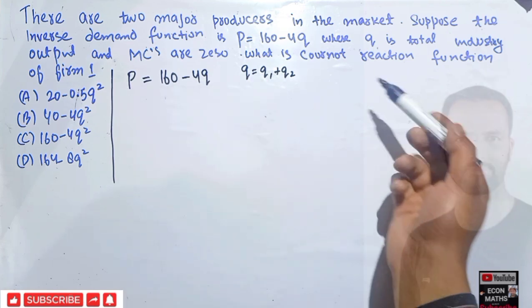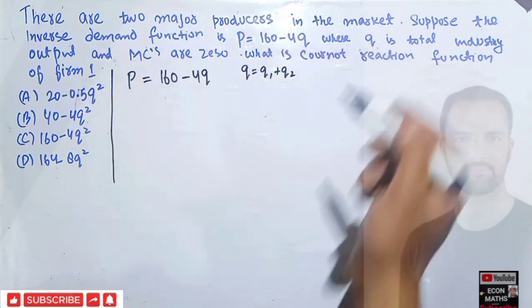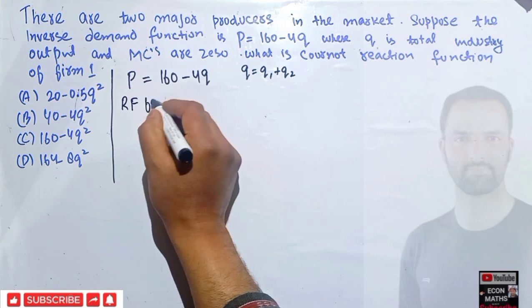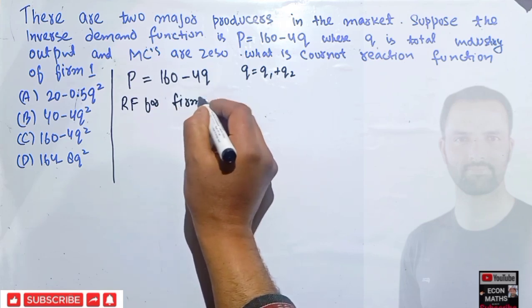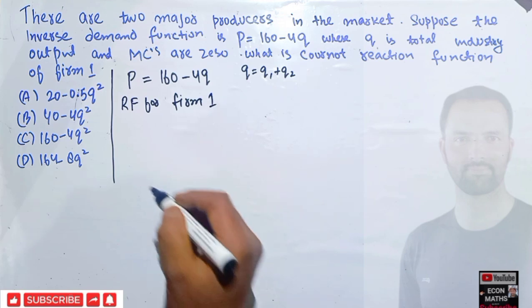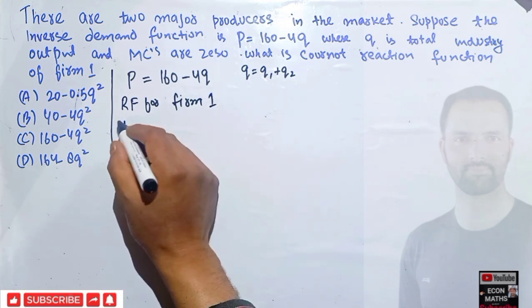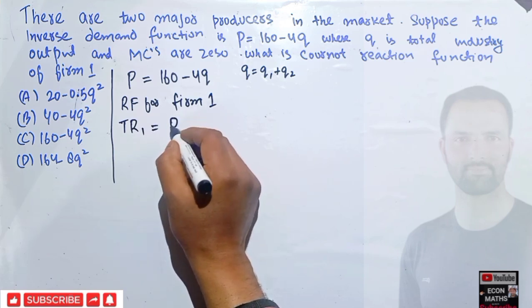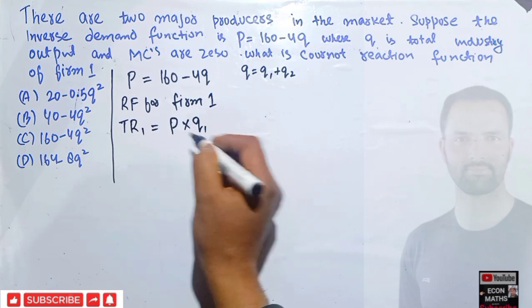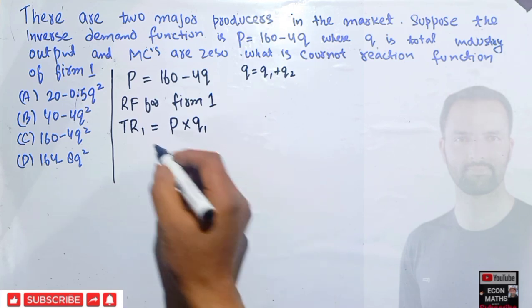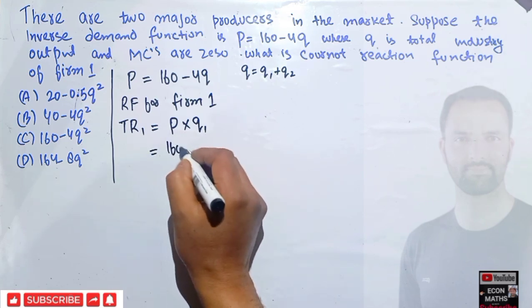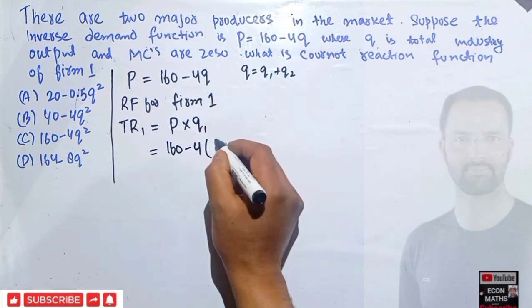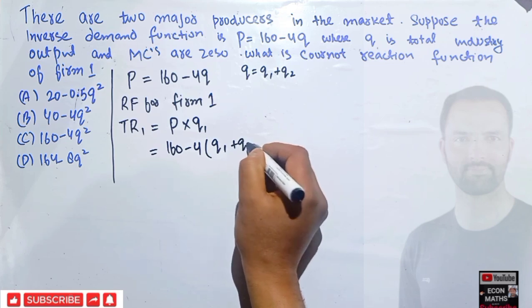To find the reaction function of firm 1, first we need to find the total revenue for firm 1, which is equal to price times the quantity produced by firm 1. What is price? Price is 160 - 4, and in place of Q we have Q1 + Q2.